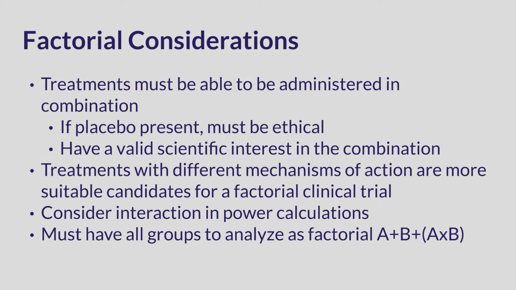So you'd want to have something that's acting on the brain as well as something that's acting on, say, the liver, but you wouldn't want to administer 2 different medications that are both acting on the brain. So you have to be very careful about the mechanisms of action of those medications and what the purpose is. And you also have to be aware if there are placebo options for both.